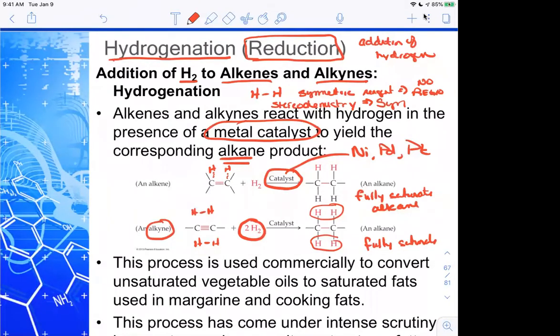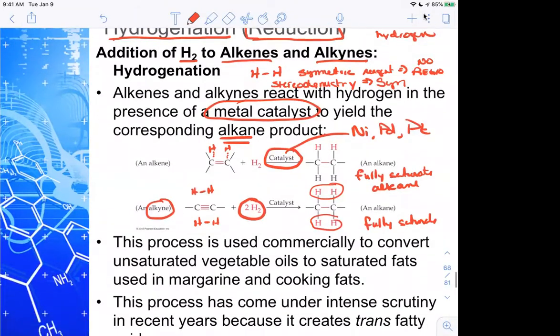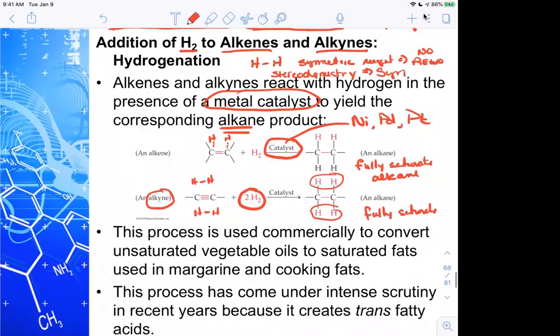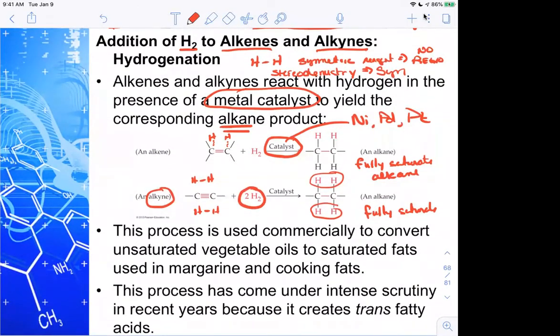saturated molecule. So this process is used commercially to convert unsaturated vegetable oils to saturated fats. So if something says it's hydrogenated or partially hydrogenated, what I'm going to do is take double bonds in my fats, which are actually healthier. Polyunsaturated fats from plants are healthier.